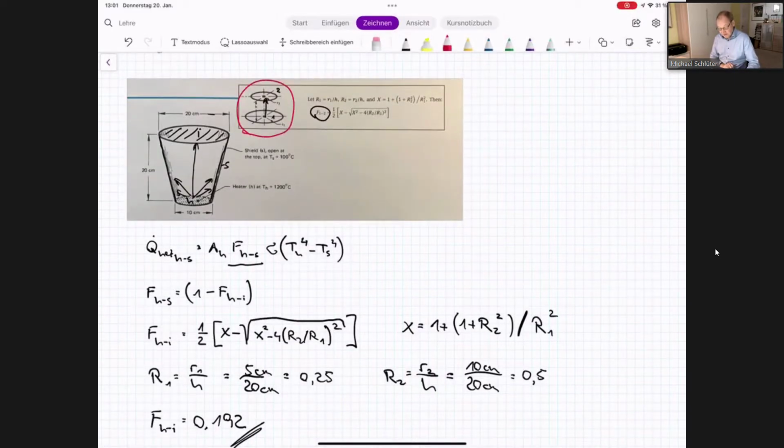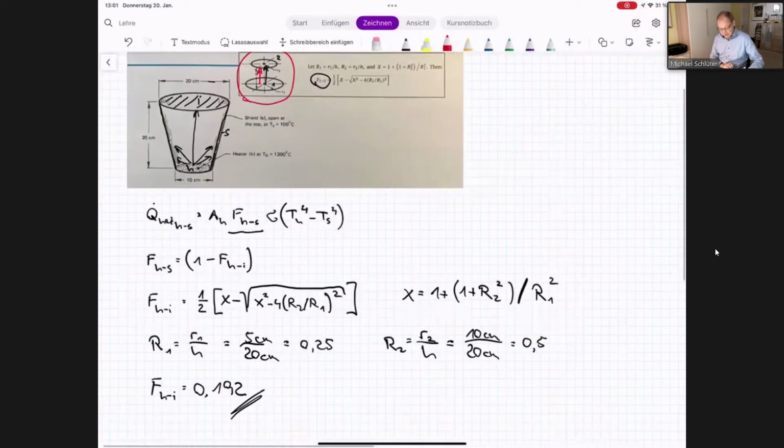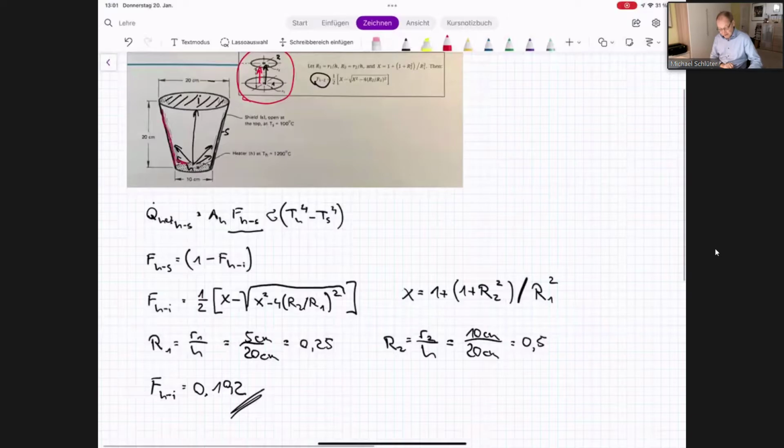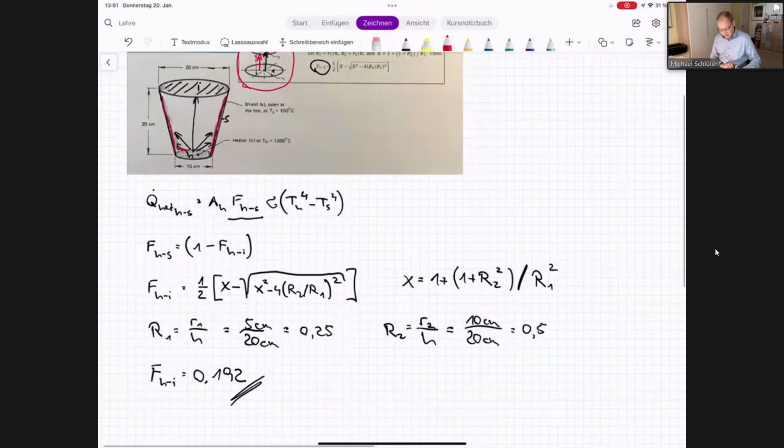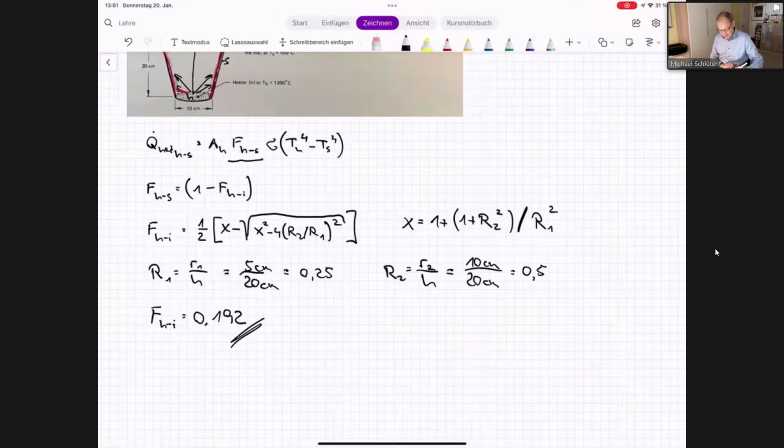So if we have a radiation in this direction, but what we're interested in is the radiation to the shield without this, we have to use 1 minus. So F H minus S is 1 minus F H minus E, and this brings us to 0.808. And now we can use this value, set it in this equation, and so we get Q net.